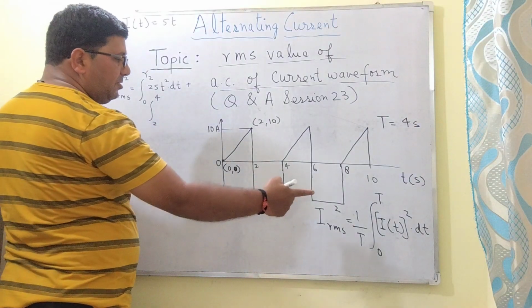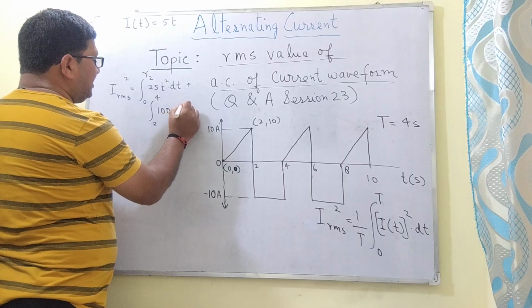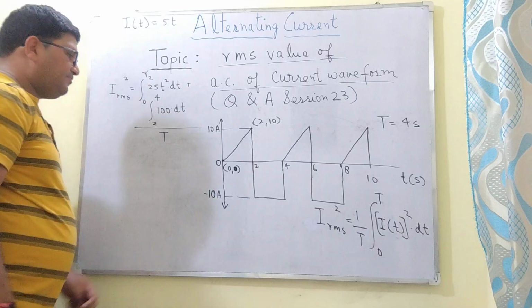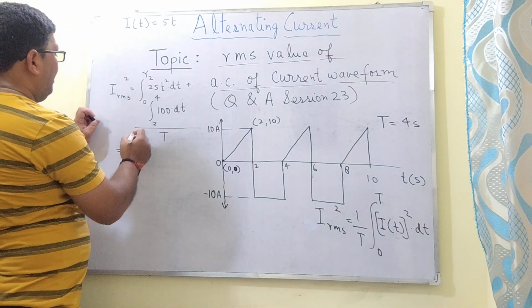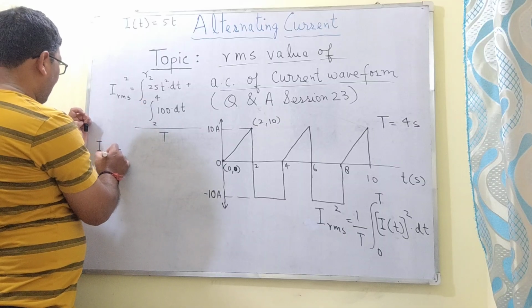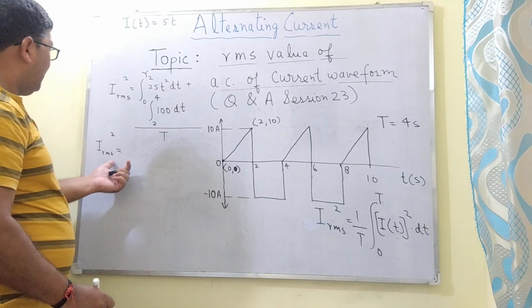So this will be equal to minus 10 whole square, which is equal to 100 dt, divided by the time period. So from here the value of I RMS, that is the RMS value of the alternating current, can be written as this.